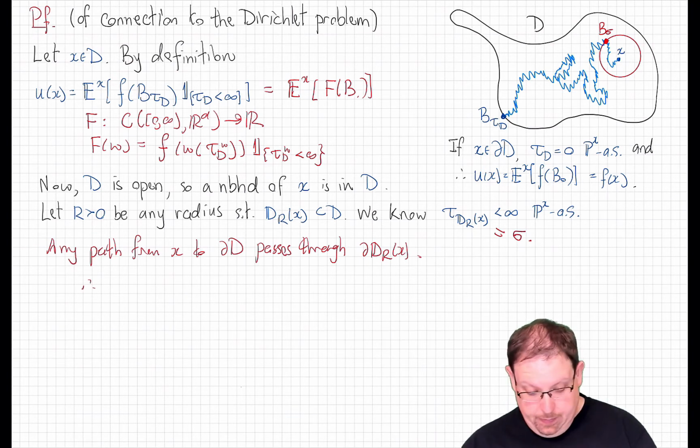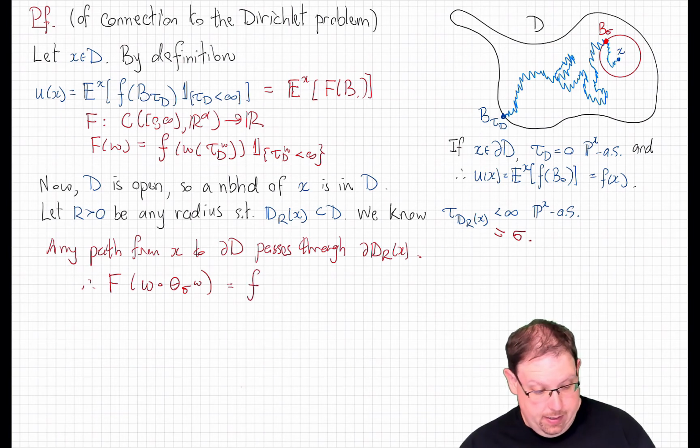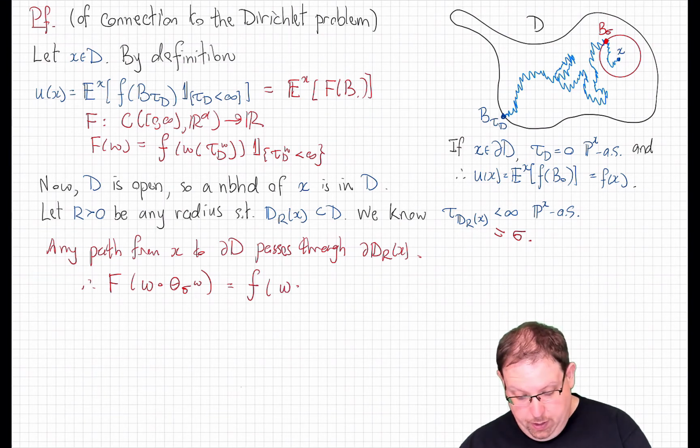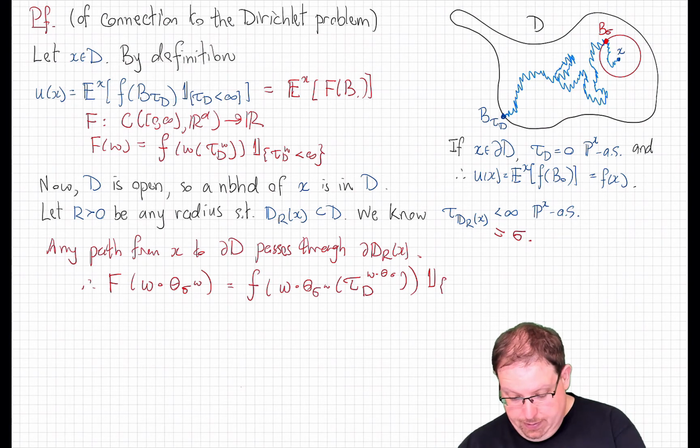That is to say, if I take the function here of a path shifted by this sigma, which is to say the function f on the boundary of D at the path omega composed with the shift at the exit time of D of the path omega composed with the shift on the event that the exit time from D is finite.